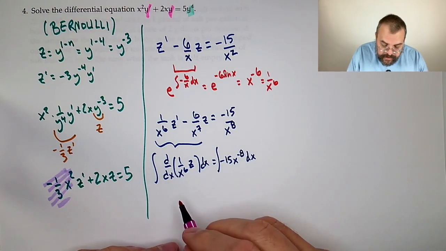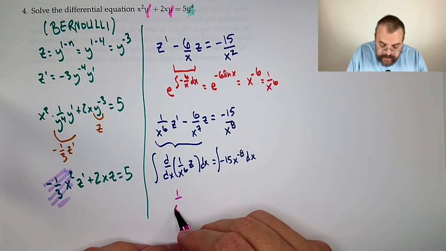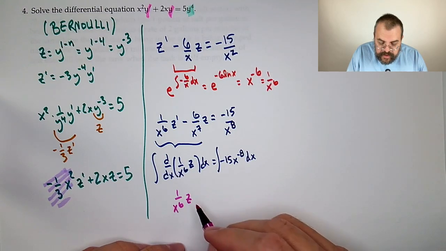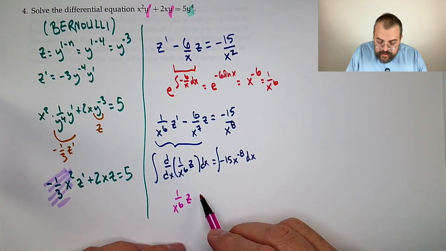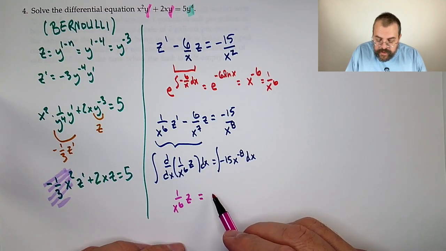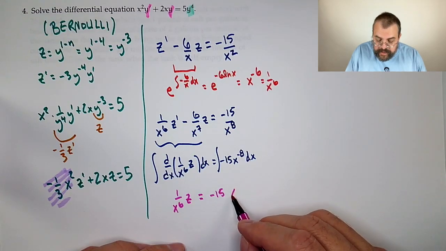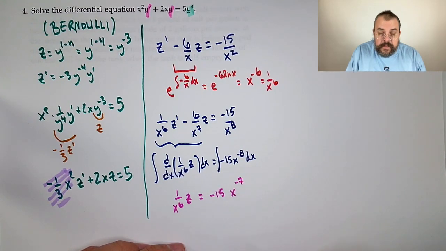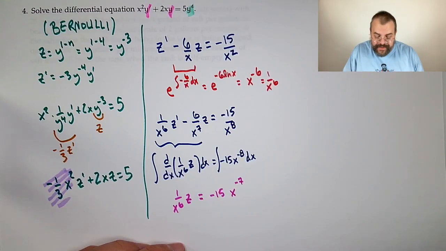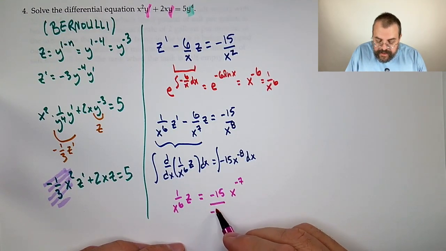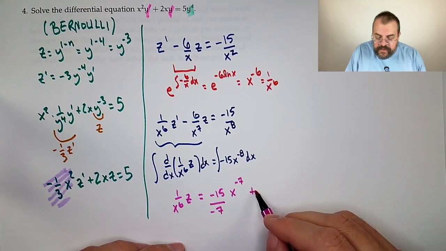Left-hand side, very simple. 1 over x to the 6 times z is going to be equal to -15. We're going to add 1, so that'll be x to the -7, because -8 plus 1 is -7. Now divide by -7, and of course add c.